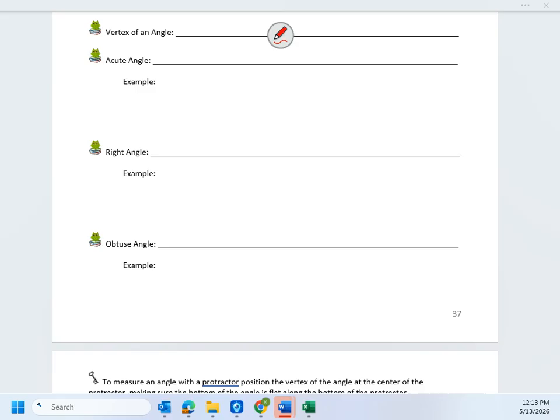There is the vertex of an angle, which is the point where the two sides of an angle meet.